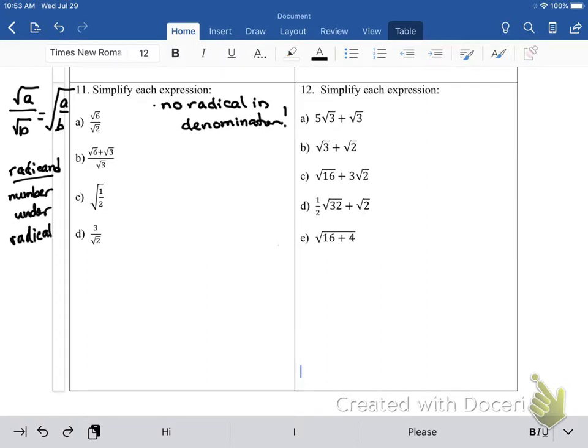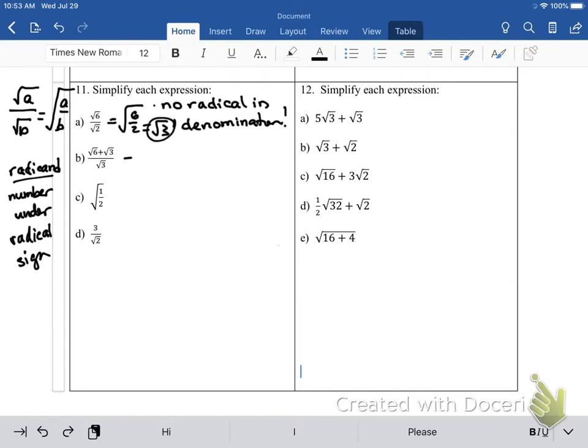So you'll hear me use that word a lot. If you can divide these radicands 6 and 2, then great, go for it. 6 divided by 2 is square root of 3, and that's all I have to do for that one.